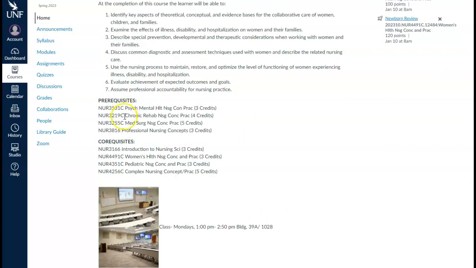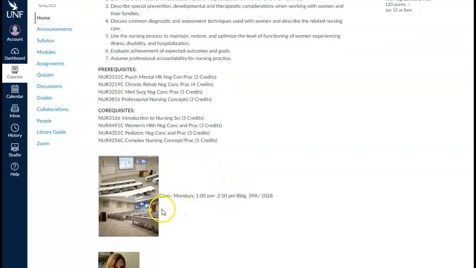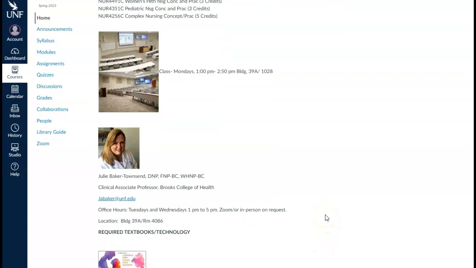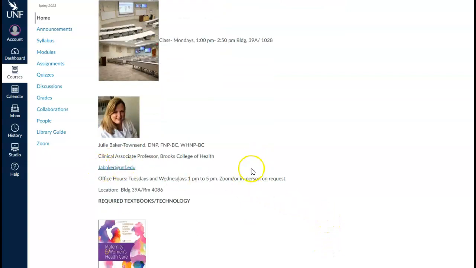So you know all of your prerequisites and your co-requisites. We'll have class on Monday afternoons in Building 39A, room 1028, and that's this core classroom, and it has some great technology. There's lots of seating. Please, if you ever have any problems or you need to talk to me, email me at jabaker@unf.edu.